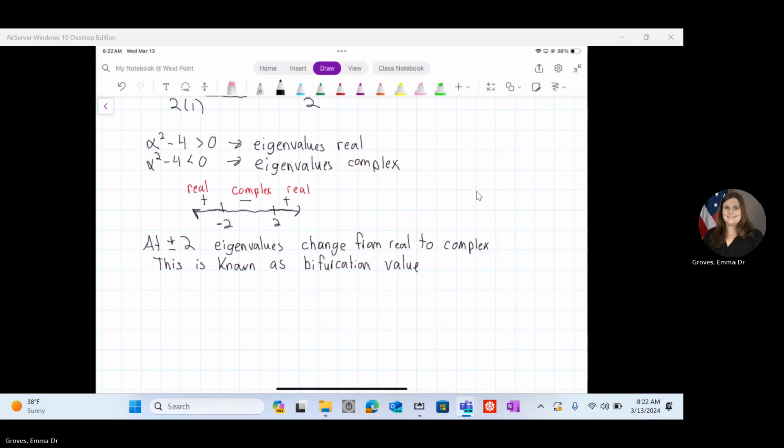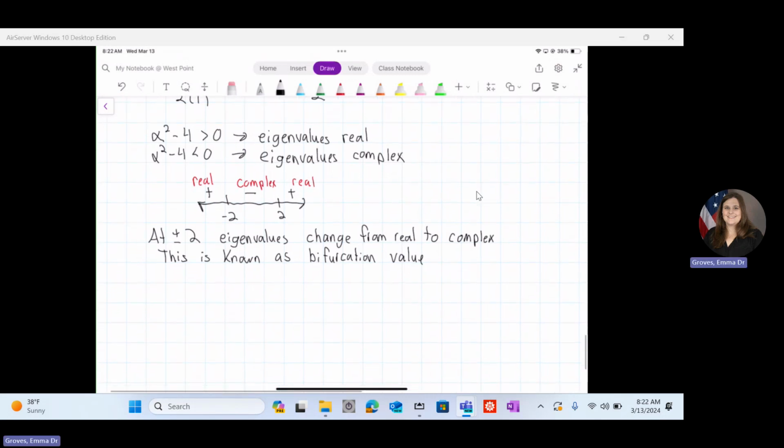So what I'd love for you to do on your own paper, collaborating together, just figuring it out, you're not turning this in, is to think about this: can you find a matrix with an alpha, but no bifurcation value?